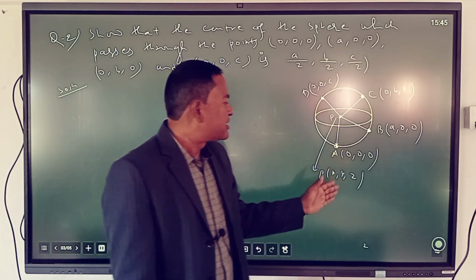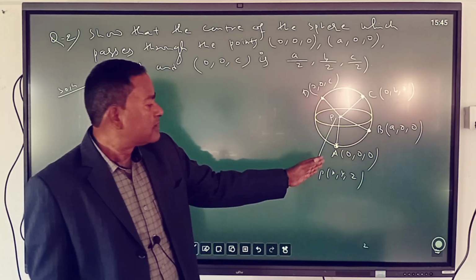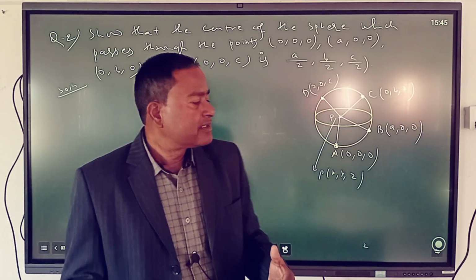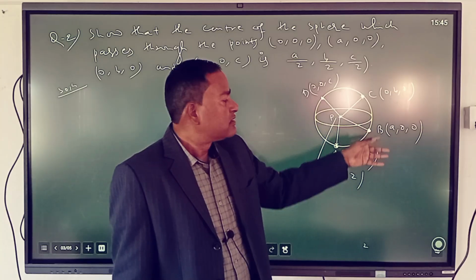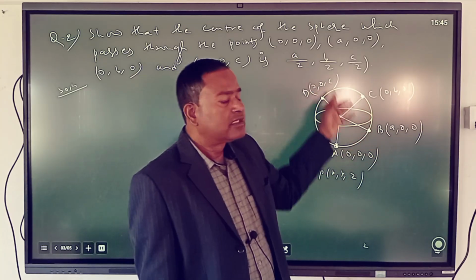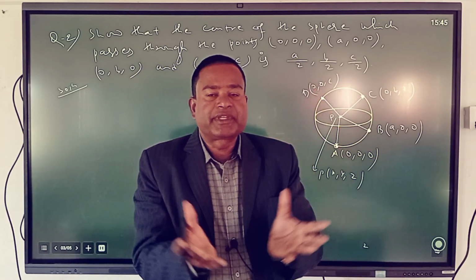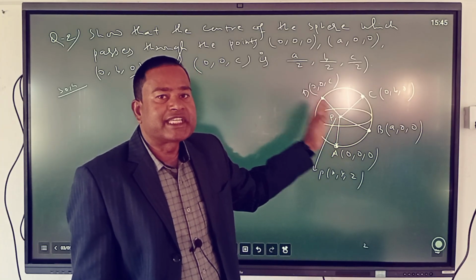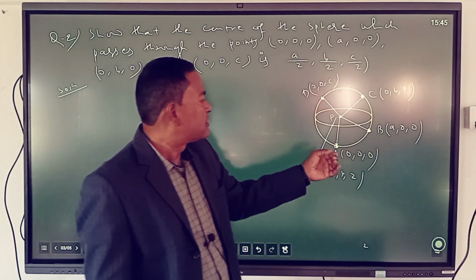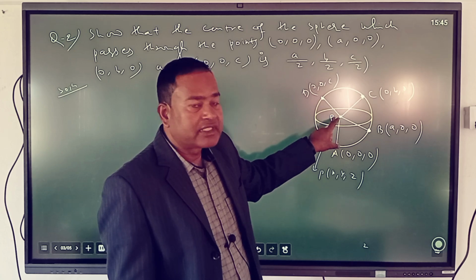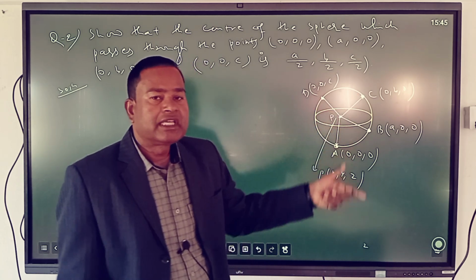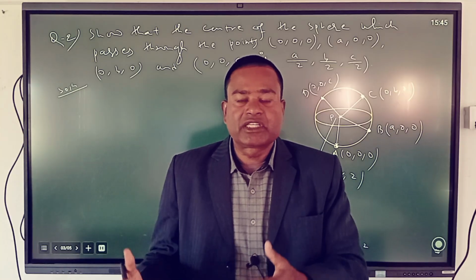Now in order to find the center of the sphere, we are going to use the distance formula, because we know that all the points lying on the sphere are at equal distance from the center of the sphere. So we'll find the distances AP, BP, CP, and DP and take them equal.